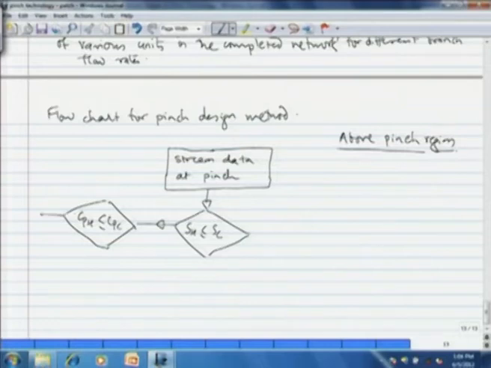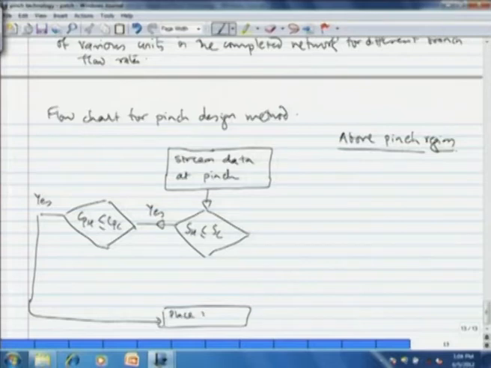And if that is also satisfied, then you have to go and place the matches. Now, if the stream population is not satisfied, then you have to go for splitting of cold streams, and then once again check whether the stream population criteria and CP inequality criteria are satisfied.